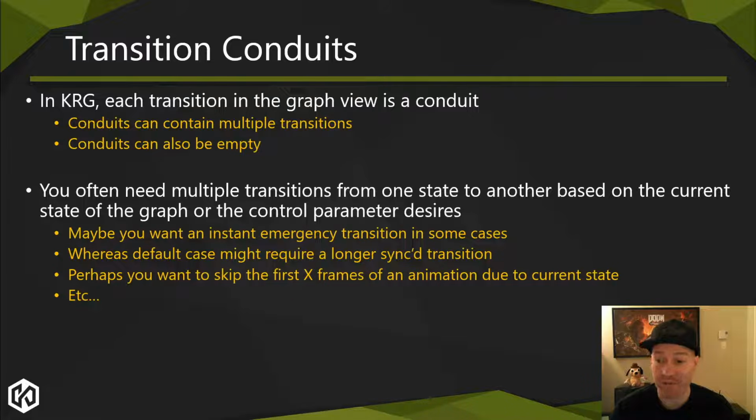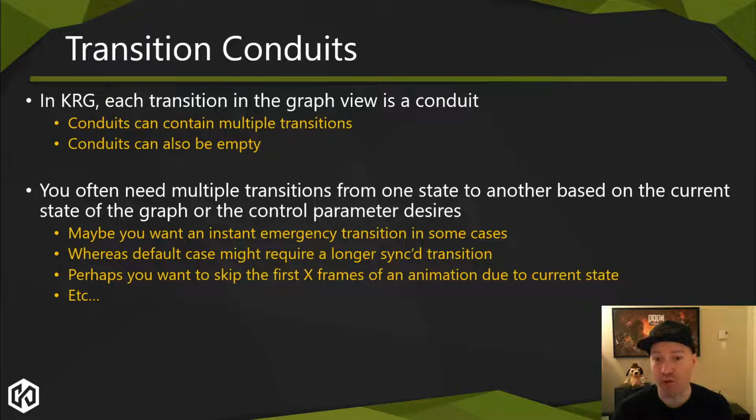I may also have a very fast emergency transition where, for example, the default one would wait for the animation to get to a certain point and match an event and then transition, versus us telling it, go to the state now, right now. And at that point, it will directly just fire a different transition. That's like maybe a pop-up pose and a 0-frame transition, whatever.